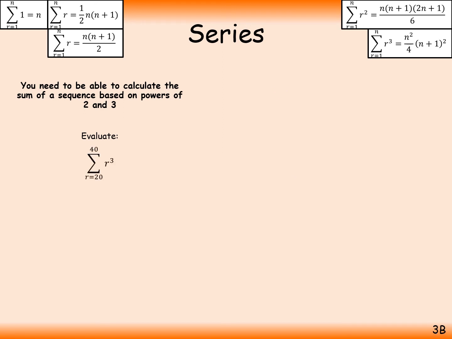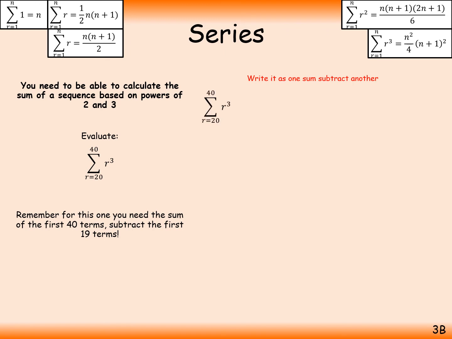Okay, so you guys pause the video and have a go at this. Working out from r equal to 20, remember, from 20 to 40, and it's a cube, r cubed. Okay, so if we write this from r equal to 1 to 40 minus r equal to 1 to 19.